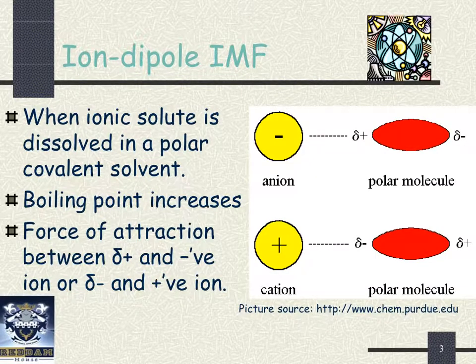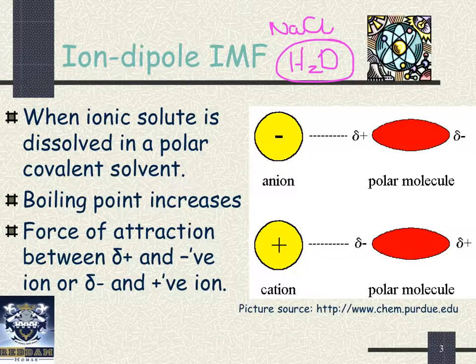Ion-dipole intermolecular forces are when you have an ionic substance, let's say sodium chloride, dissolving in water, let's say H2O. Water is a dipole. Sodium chloride is ionic. And therefore, when they are together in the liquid phase, something has to hold on.